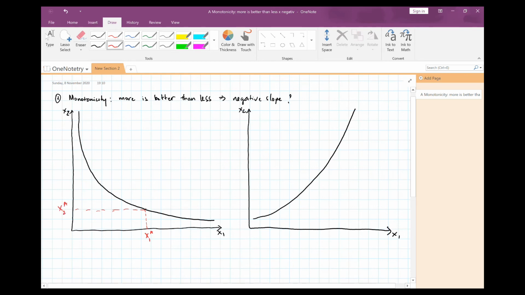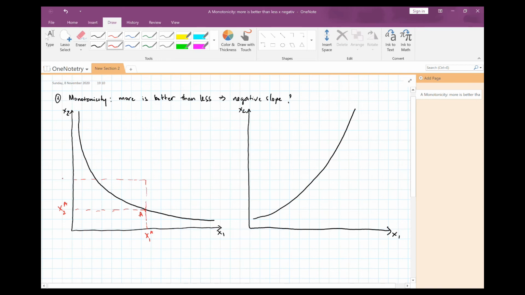And yeah, this is some sort of combination of x1 and x2 at point A. Let's put it here. Now, if you keep the quantity of x1 the same, but you increase your consumption of x2, it should be here.